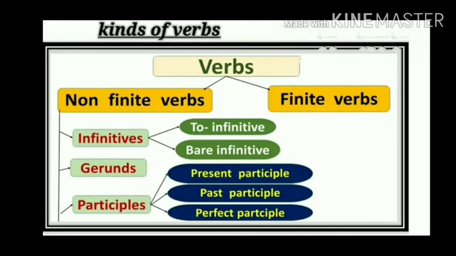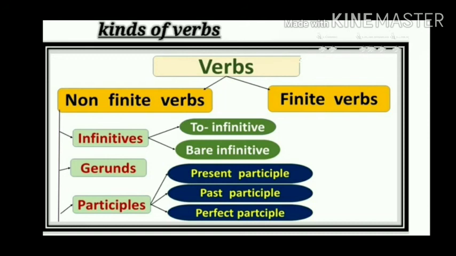So these are the topics which we have discussed today, that are infinitives, gerunds and participle. So let's revise what we have discussed in the video. In this video we have discussed the kinds of verbs, that are finite and non-finite verbs.